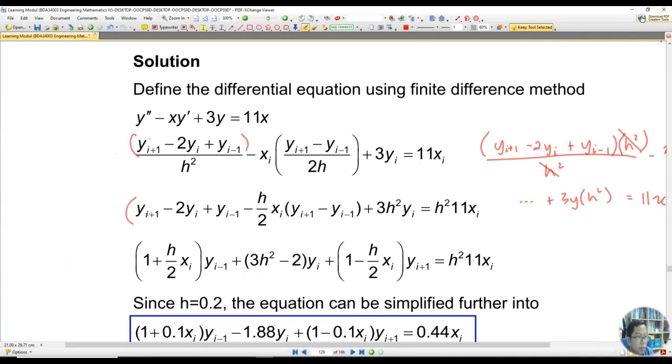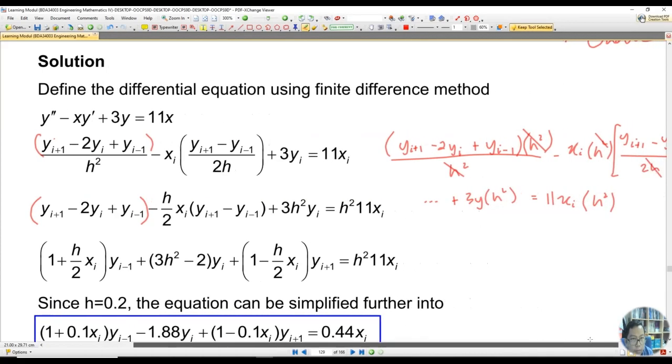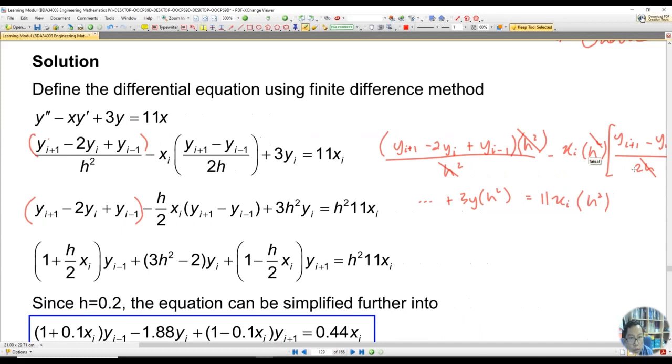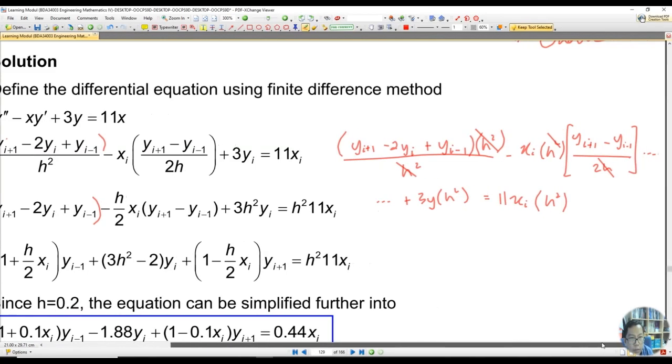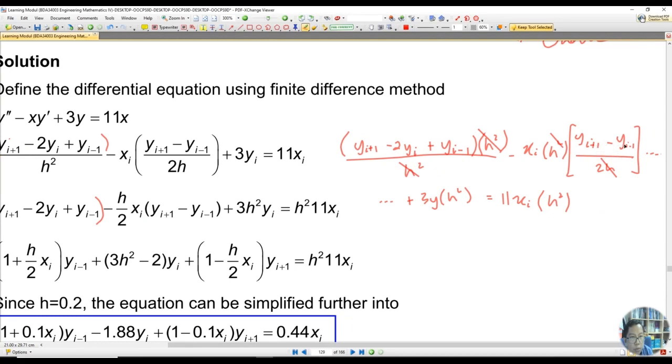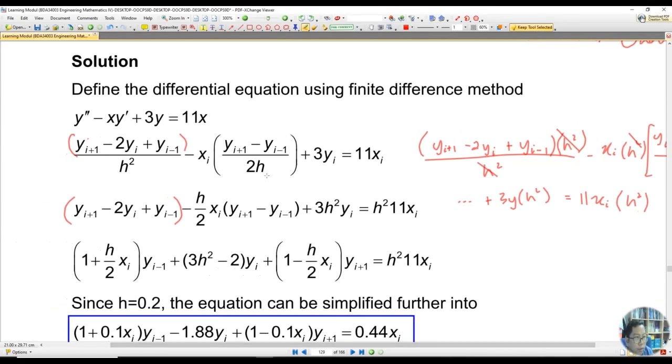So we go to this. We already get y_{i+1} minus 2y_i plus y_{i-1}, minus h over 2 multiplied by x_i, multiplied by y_{i+1} minus y_{i-1}, and then plus 3h squared y, equal to h squared multiplied by 11x.